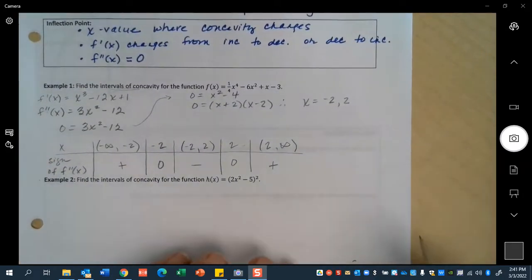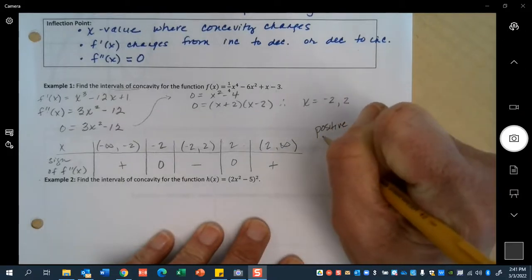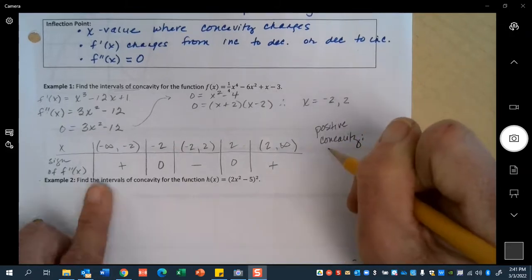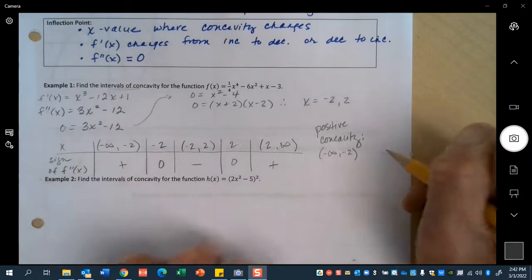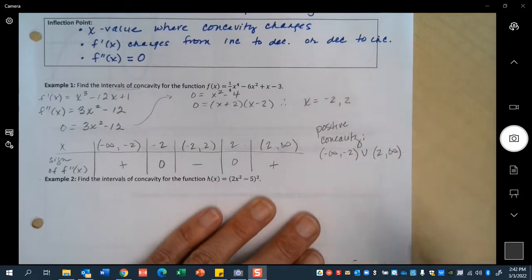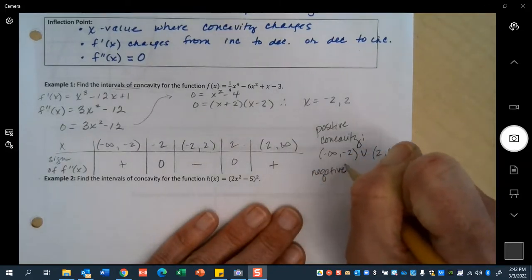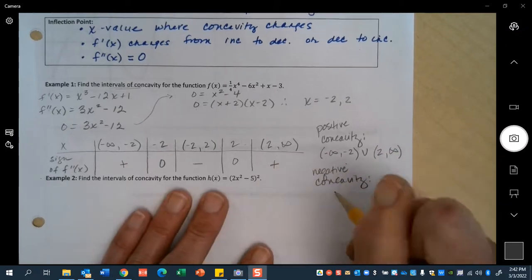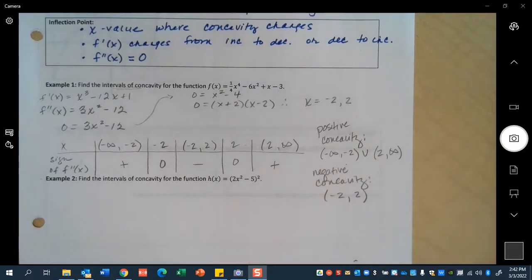So when I go to write my answer, I have positive concavity from -infinity to -2 and from +2 to +infinity. I have negative concavity from -2 to 2 on my graph.